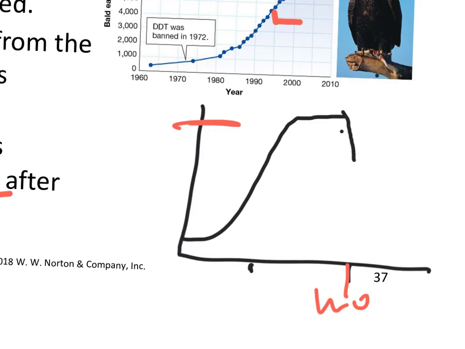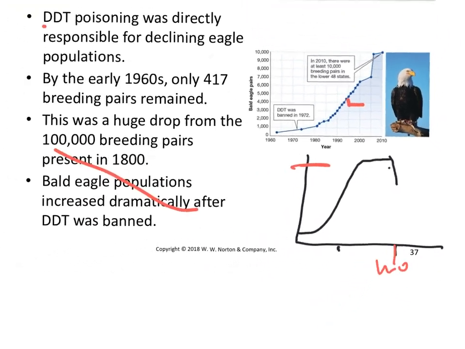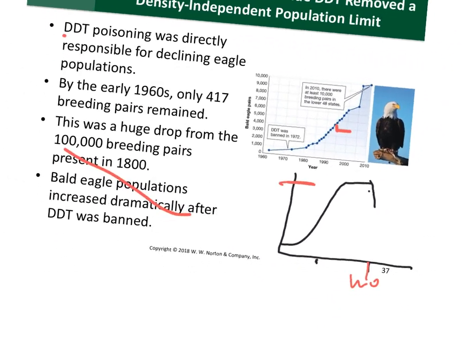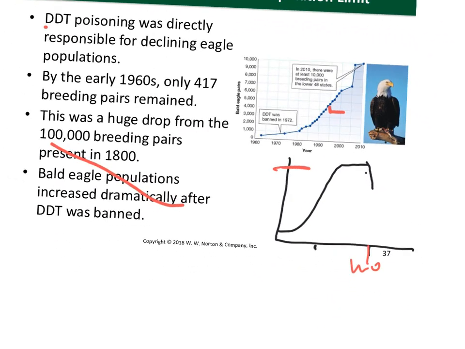So this is actually density independent population limitation. And that usually happens from some external force that limits the population, not with resources, but with something else like predation or disease.